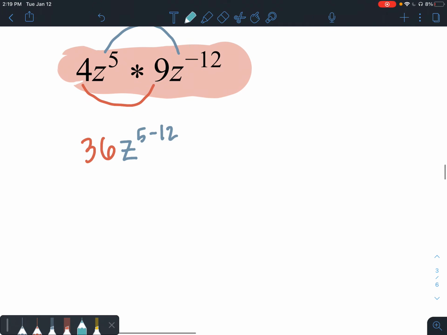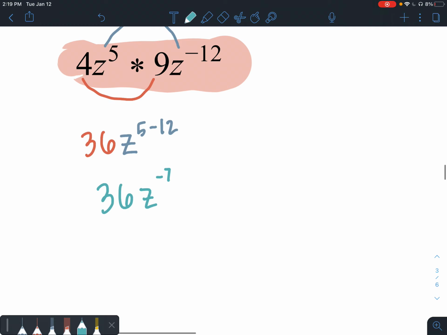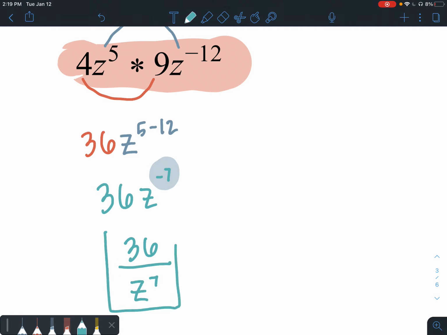So that ends up being 36z to the negative 7, but we don't like that negative exponent, so it becomes 36 over z to the 7th. Super fancy.